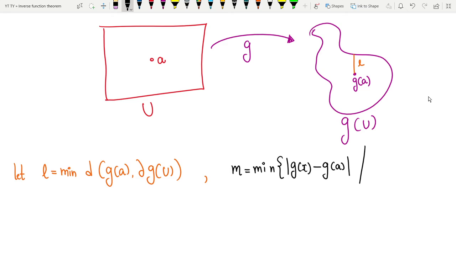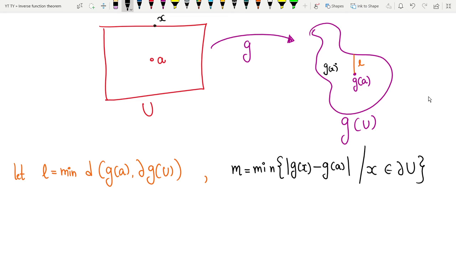What is this x? x comes from the boundary of u. That means if I consider any point x on the boundary, it will go somewhere on this g of u. For example, suppose it goes over here. This is g of x. This way, I will consider all the points on the boundary. It will go somewhere on the g of u, and I will find out the distance between g of a and such g of x, and whatever is the minimum distance, I will consider that as my small m.